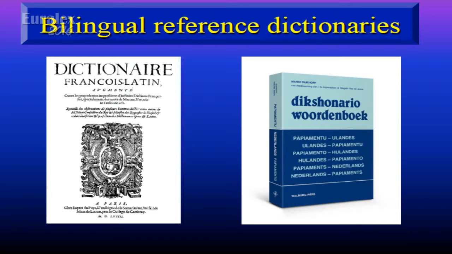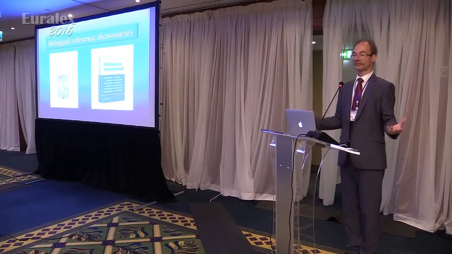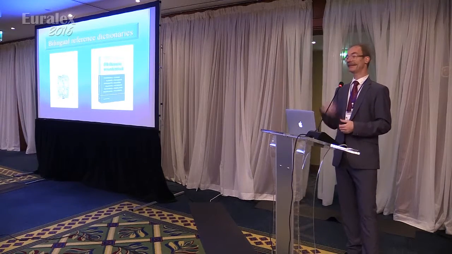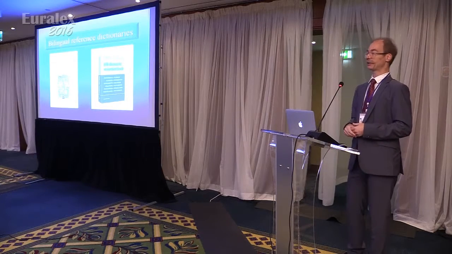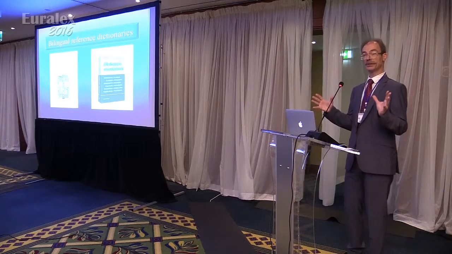It's a bilingual dictionary. Papiamento is a Creole language spoken on Curaçao and Aruba. So the main language to explain this in is Dutch. And that's why we have this Papiamento Dutch and Dutch Papiamento dictionary. It's the reference dictionary for Papiamento.